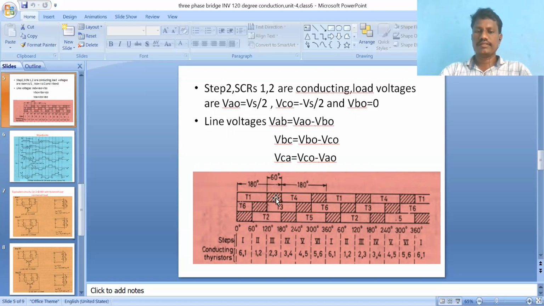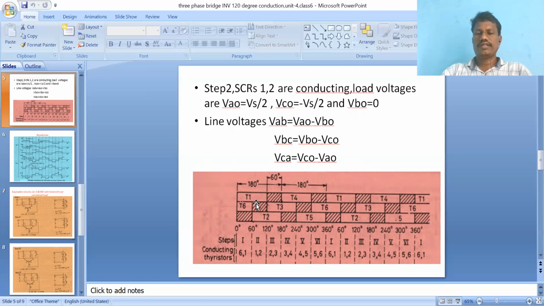So like that, the table is to be understood over one cycle, 0 to 360 degrees. In this diagram, the rows indicate the first limb, second limb, third limb. Each thyristor conducts for 120 degrees only.